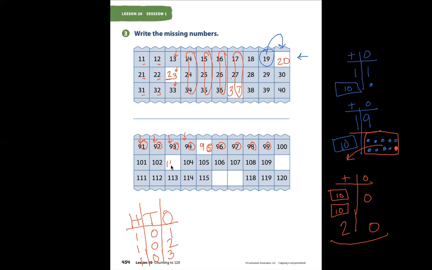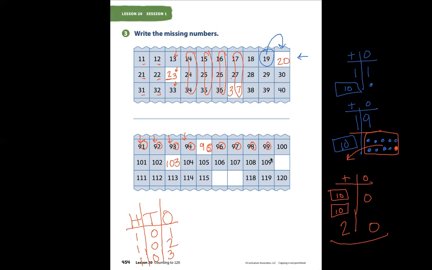Looking for patterns. So 93, 103, 113. 94, 104, 114. 95, 105, 115. That's adding tens every time. Now let's look over here.